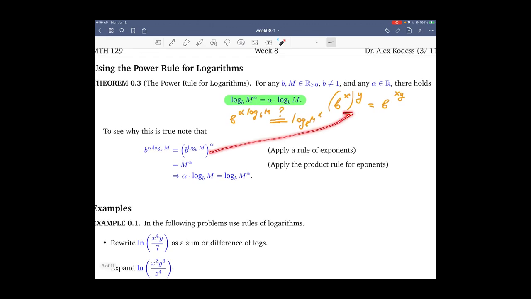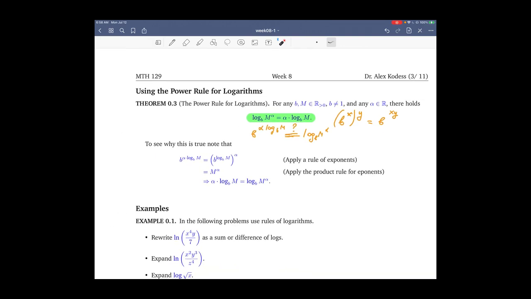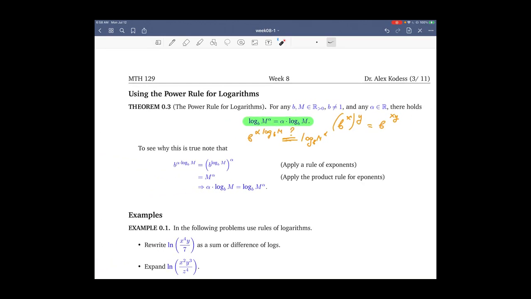Well, verifying that is simple. Checking that indeed b to the power alpha times log capital M base b is M to the power alpha is easy, because we will be using this rule for exponential functions.